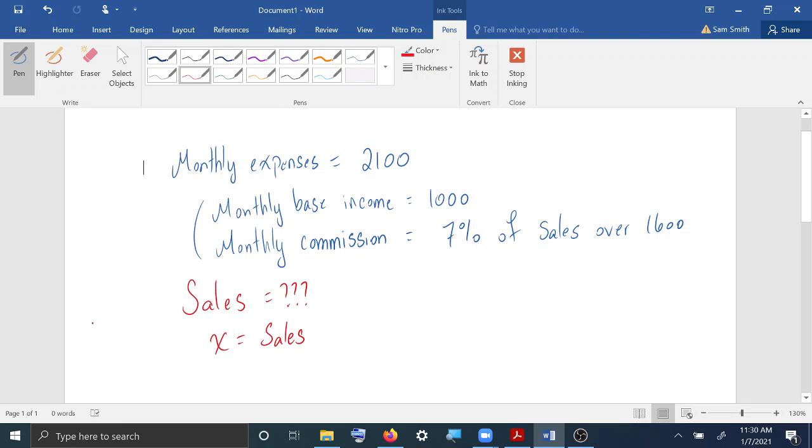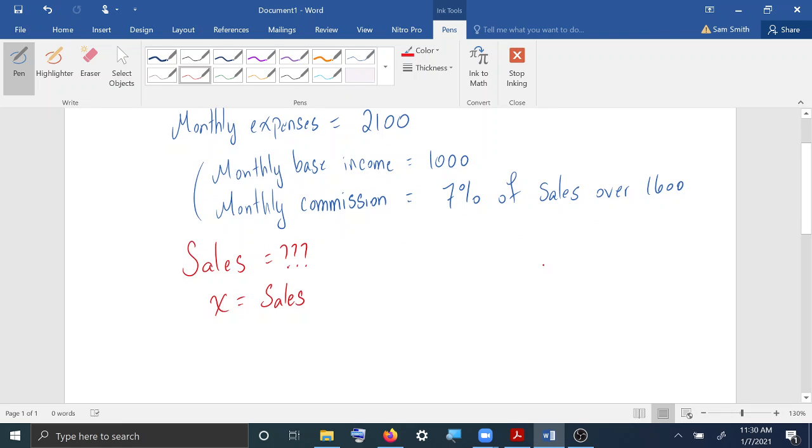Now we want our expenses to be smaller than our income so that we can actually pay all of our bills. So I'm going to put the expenses, $2,100, on the right, and I want those expenses to be smaller than or equal to our total income. Let's write a mathematical expression for our total income, which is the result of combining our monthly base income with our monthly commission income.